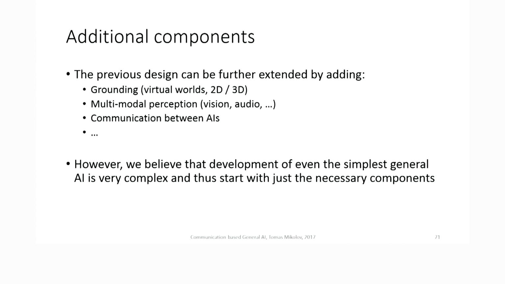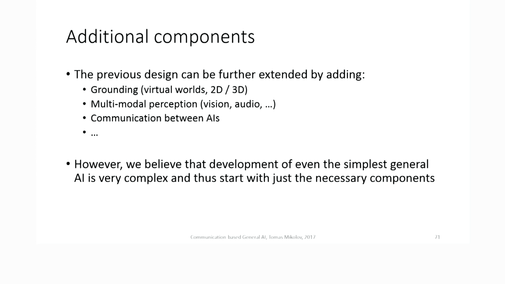So for the additional components that we were considering and are still considering, it's actually possible to extend this kind of communication-based learning with some grounding, so that we would have a more natural way of representing the AI in some virtual world, because there's actually a lot of reasons why we would want to do it.